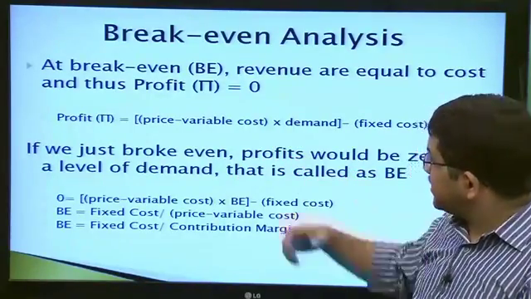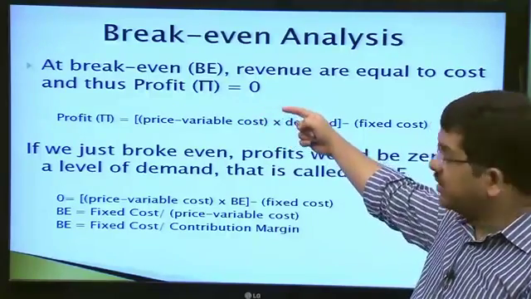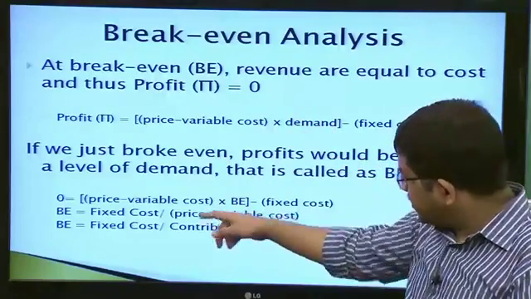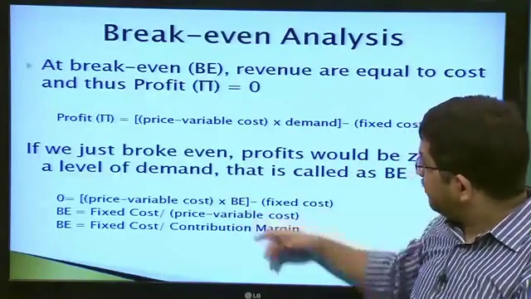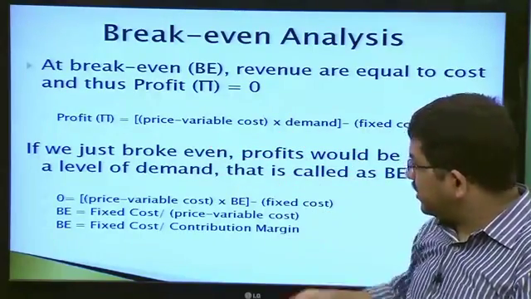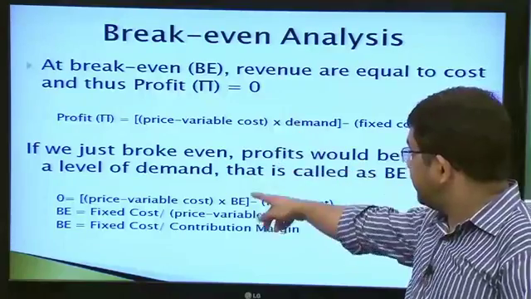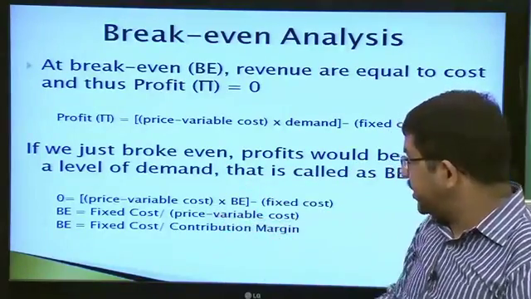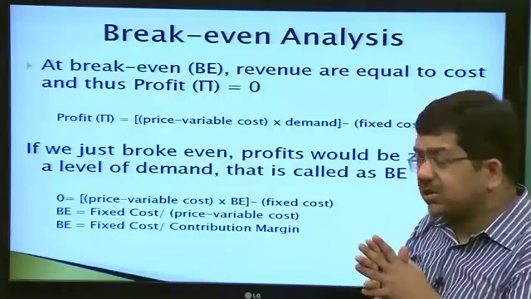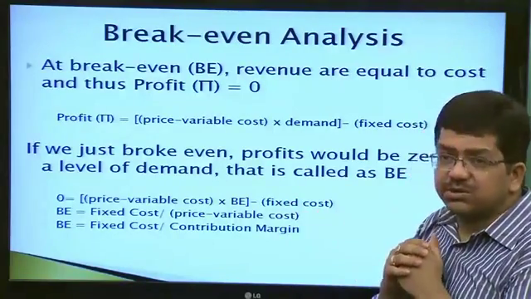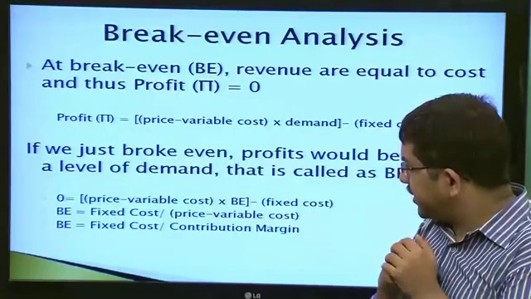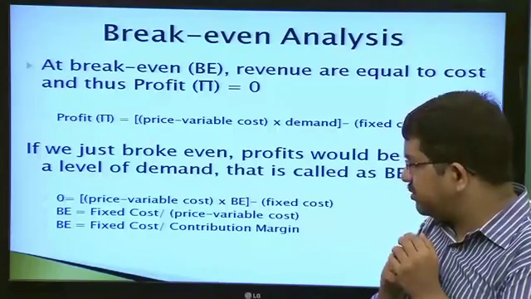Now, as I say, break even is a point where your profit is equal to 0, and that is what I have solved in this equation: if I put profit equal to 0 in this profit equation, you will get demand equivalent to the break even point, and your break even point is fixed cost divided by price minus variable cost. This price minus variable cost we also call the contribution margin. So, you will understand that the break even is fixed cost divided by contribution margin.